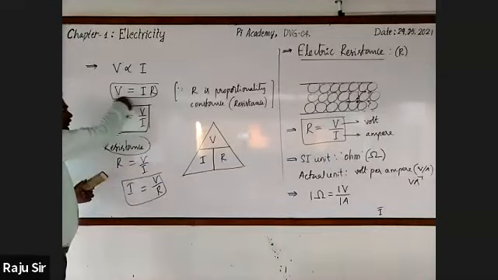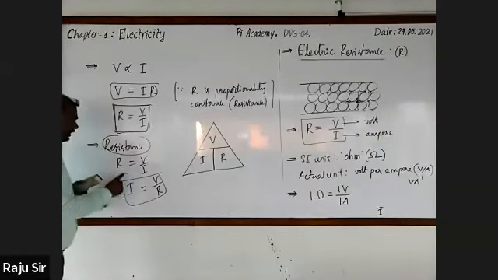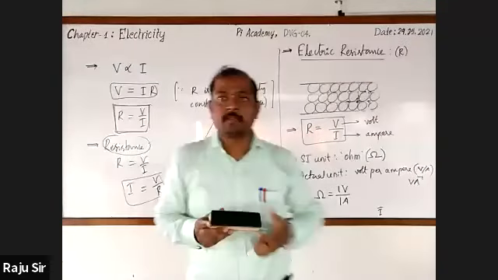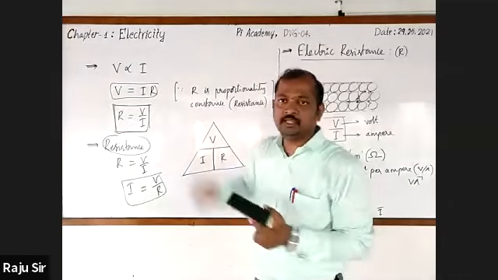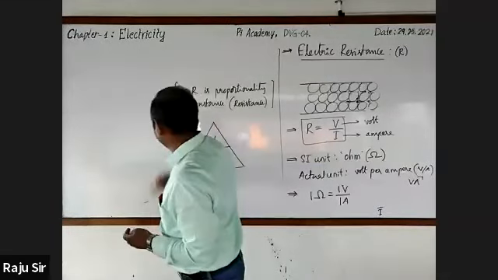Whatever relationship we have, whether V equals I into R, R equals V by I, or I equals V by R. In that, I is the current.